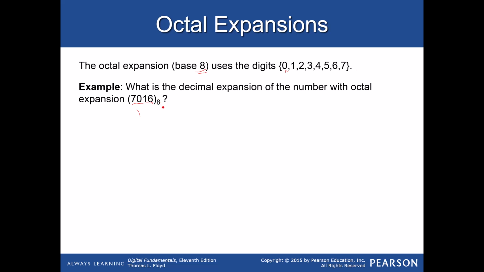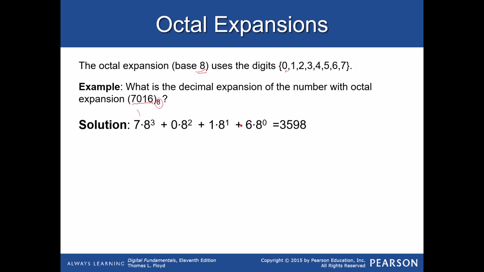This is an octal, and we know this by noticing that there is a subscript indicating the system. So this is octal. All right. So as you may guess, the base in this case will be base 8.